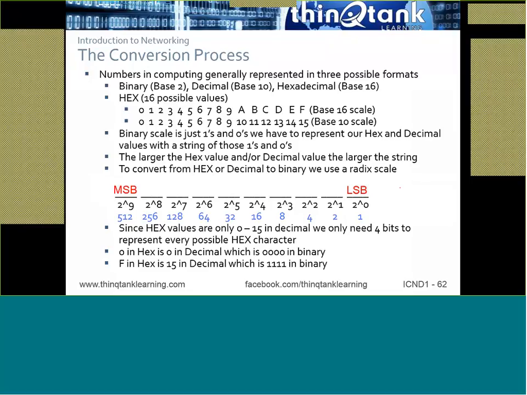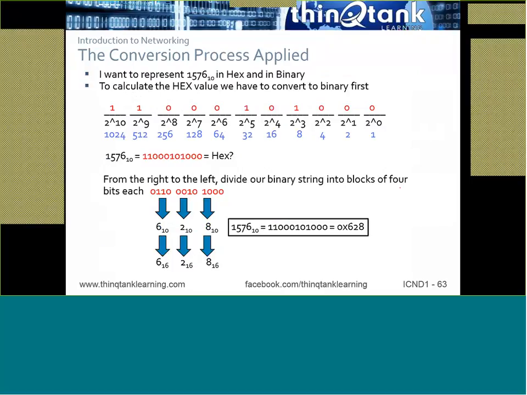But what happens when my hex character is not just a single digit? What happens if I said hex 86DD or hex 0806? Well, let's actually take a different approach. Let's go from decimal to hex to binary. So I have 1576 written in base 10 format.